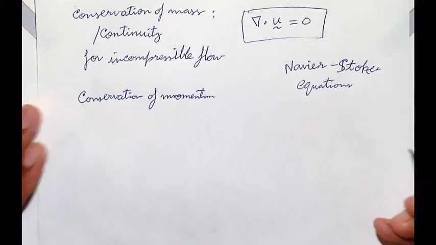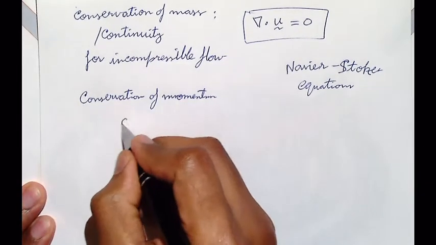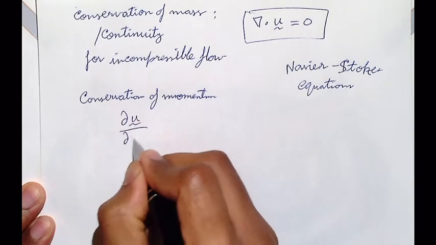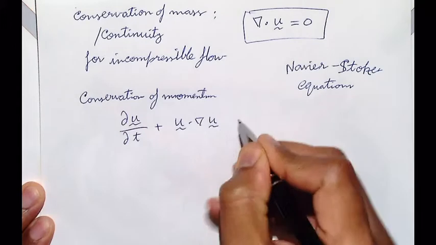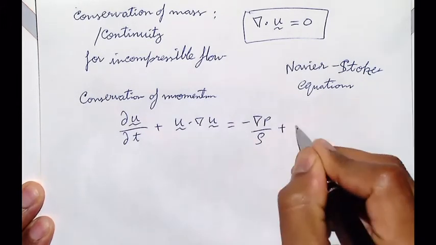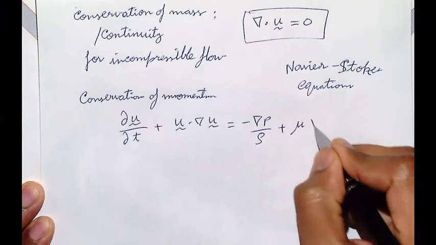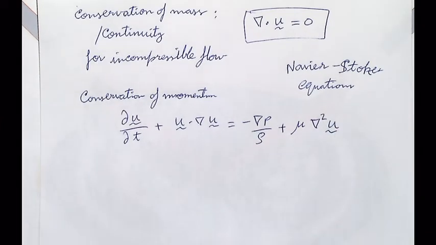Conservation of momentum looks like this. We have a time derivative. There's this long equation, but we know physically what each individual component means.